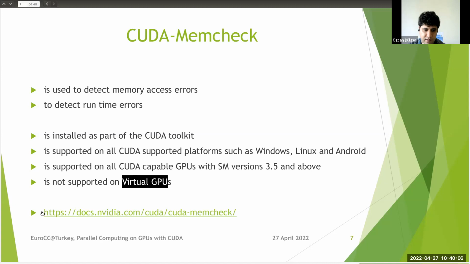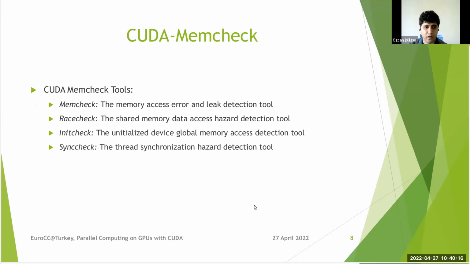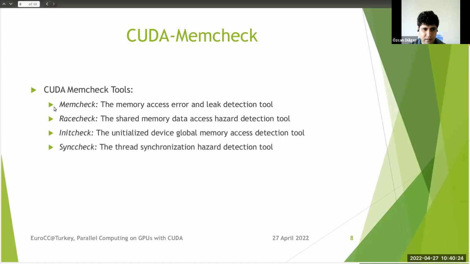And this is the website of CUDA memcheck. You can get detailed information through this website. And in CUDA memcheck, there are 4 main tools. These are the memcheck tool. It is used for detecting memory access errors and leak detection.